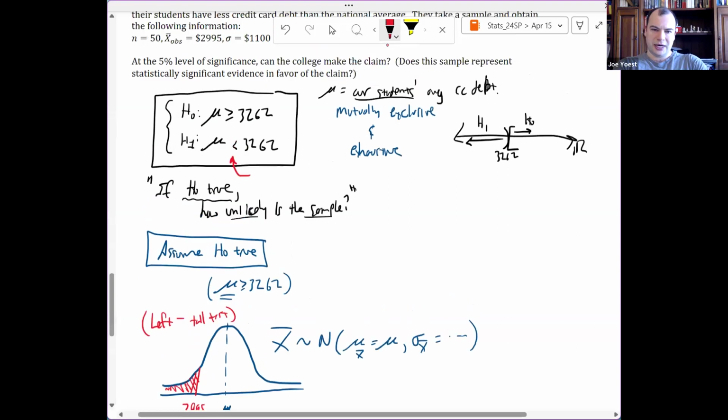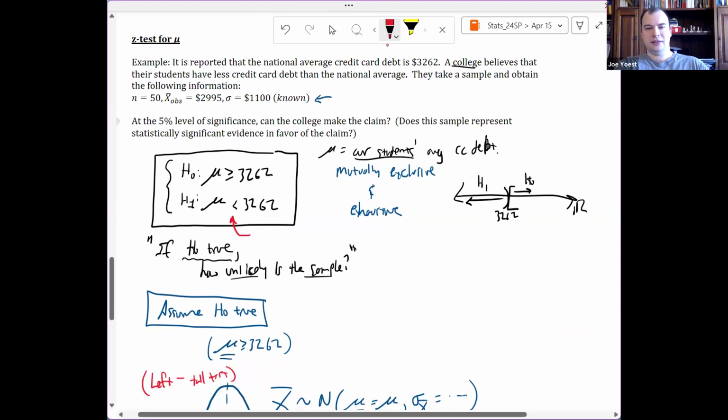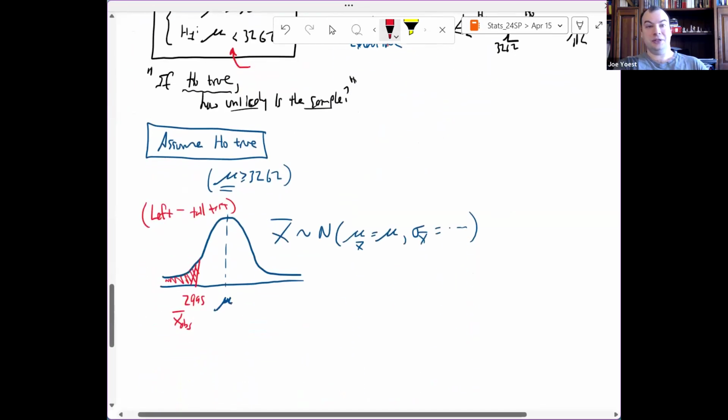So if I were to reject the null on the basis of this sample, I would also reject the null on the basis of any similar sample with a smaller X bar observed. But what does this area here represent? This area here represents the chance that I reject a truly false null.